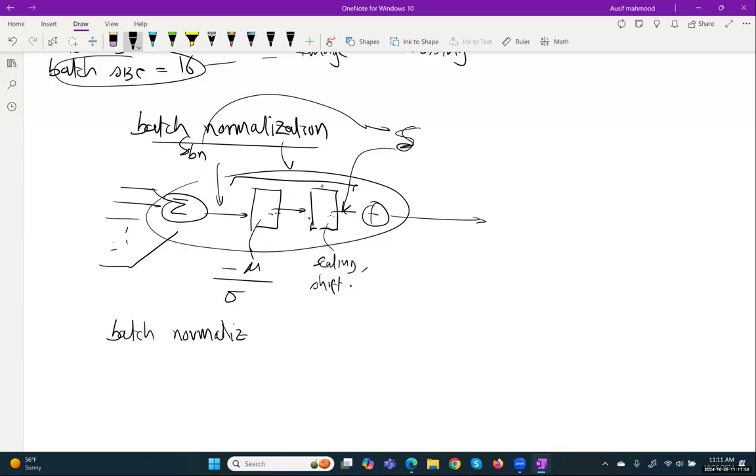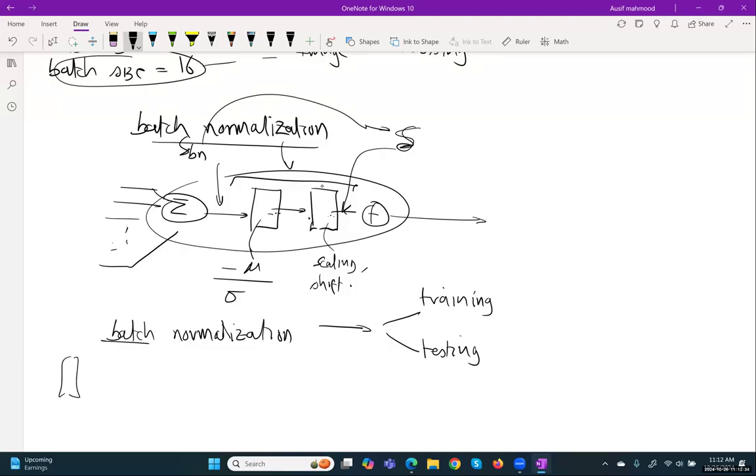So if I ask you on the exam, what's the difference between batch normalization during training and during testing? What would be your answer? Okay, so again, batch normalization, what does it mean?